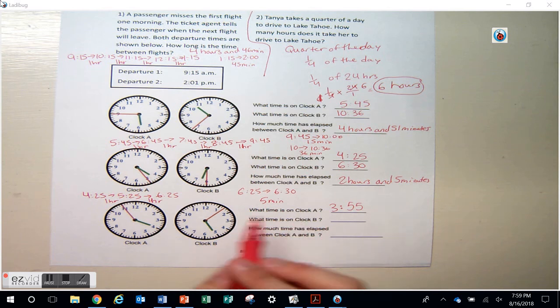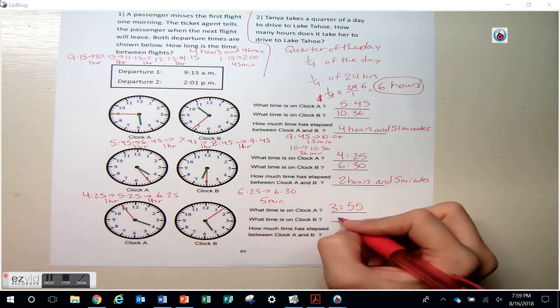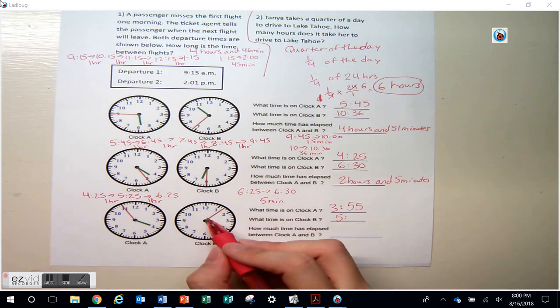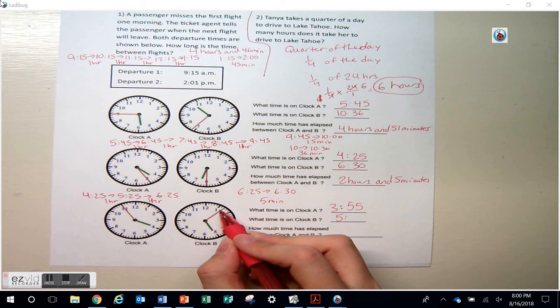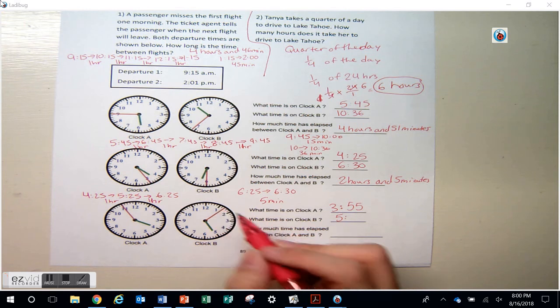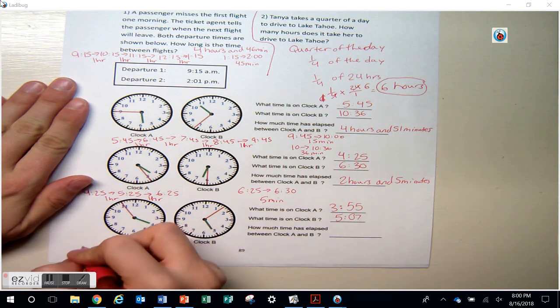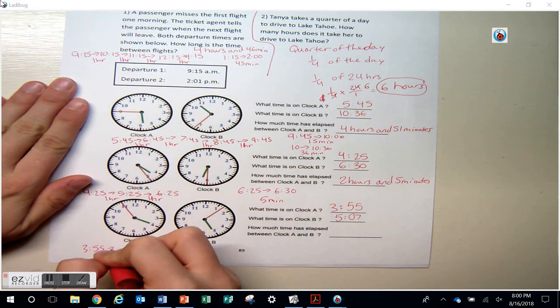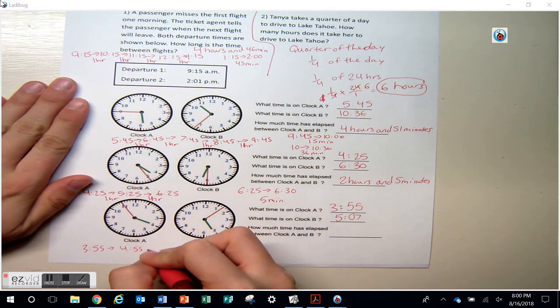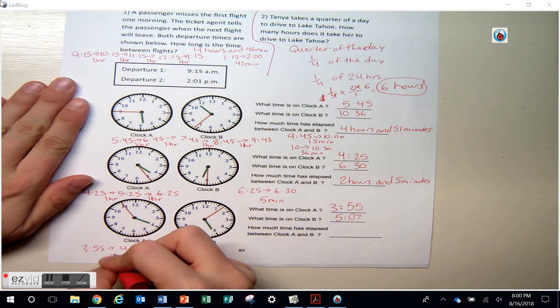Time on clock B. We have the 5 o'clock hour, past the 1, so it's 5:07. The elapsed time, we have 3:55, 4:55, and that's it, 1 hour.